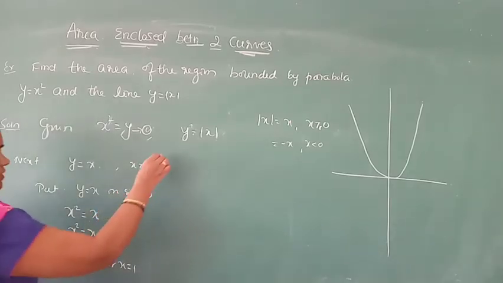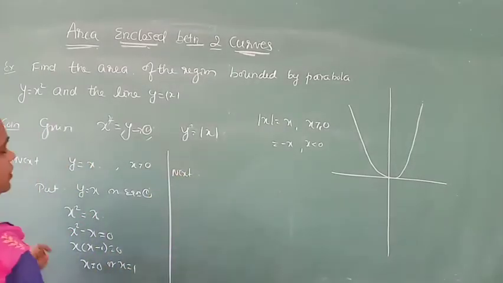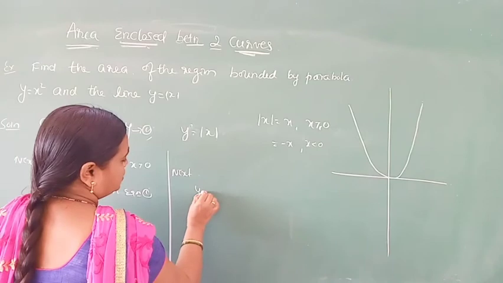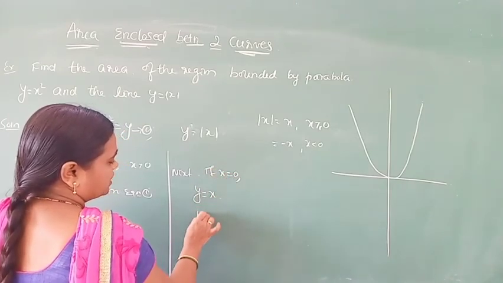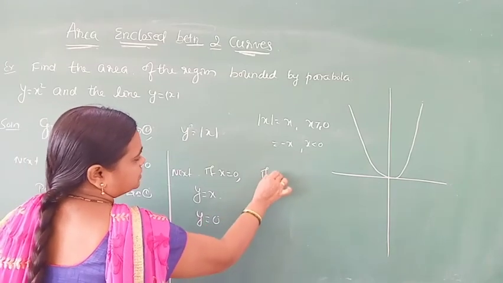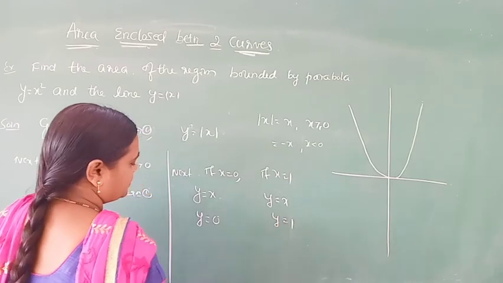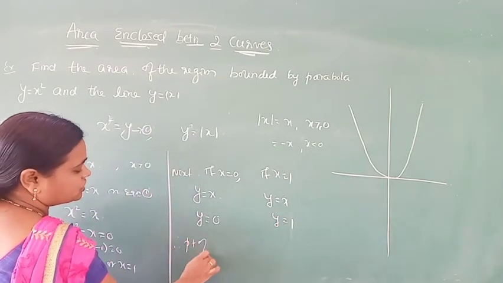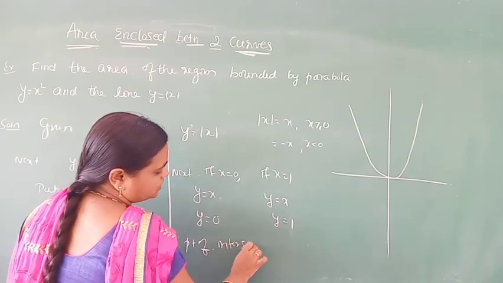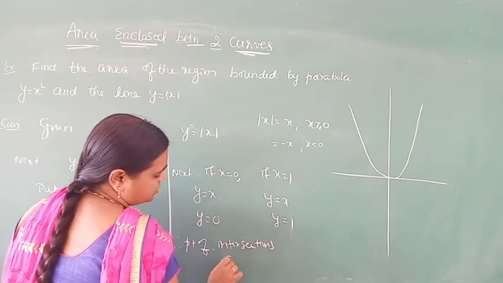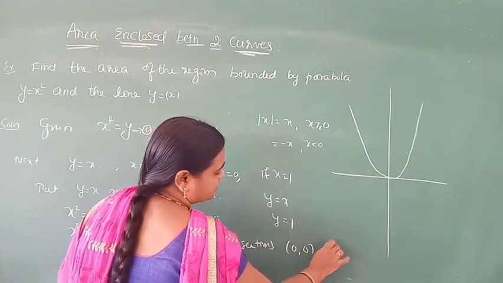Next, we know the value of x, but we have to calculate the value of y. y = x, so if x is 0, the value of y is 0. If x is 1, the value of y is 1. Therefore, the points of intersection are (0, 0) and (1, 1).